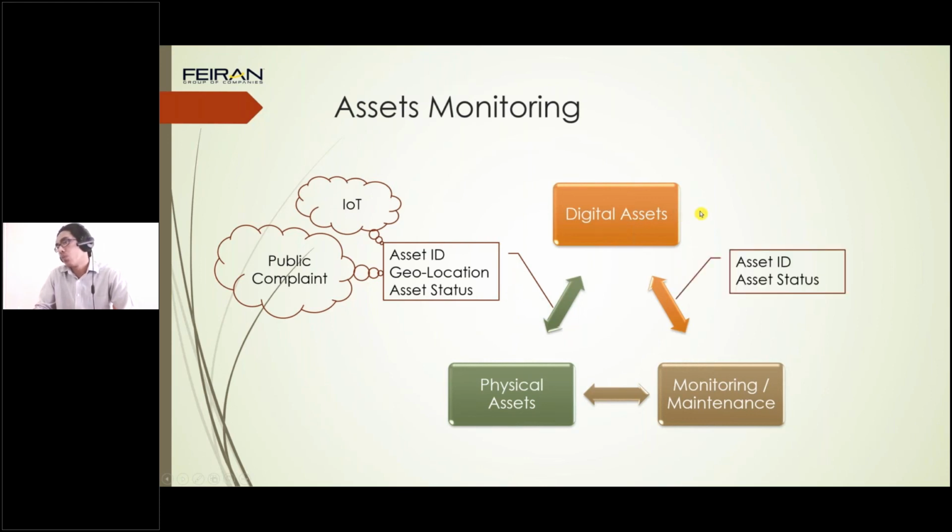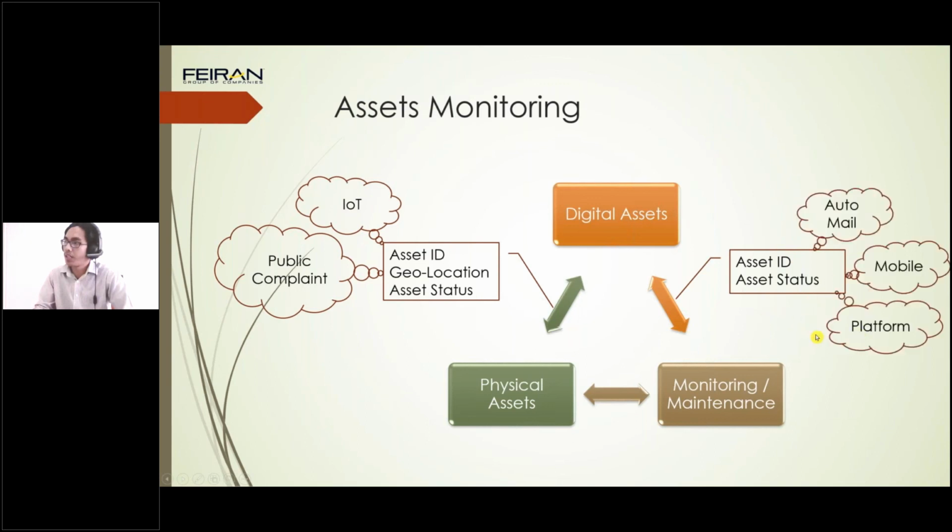Now, what is the relationship between digital assets and monitoring and maintenance activities? Each asset ID is tied to its geolocation. So by digitalizing the asset, we can automatically alert the particular monitoring or maintenance parties via auto mail, mobile, or platform to perform their activities.